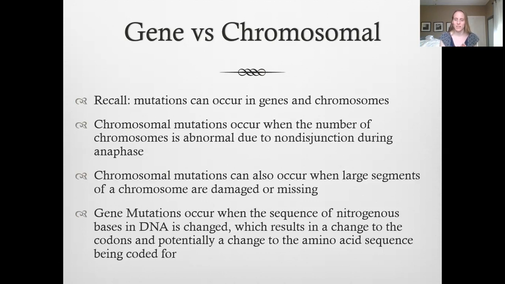So for example, instead of ATA, you might have AGA or something like that. So that is obviously going to change the codon when you change the nitrogenous base, which means that it has the potential to change the amino acid that's being coded for.